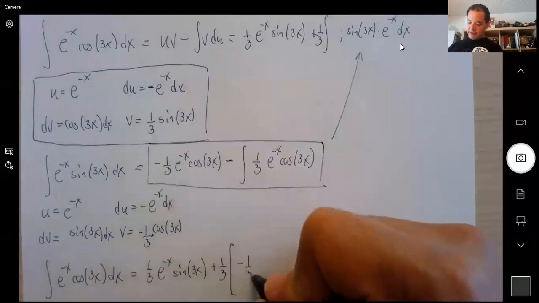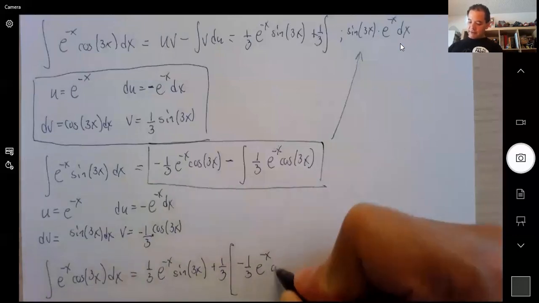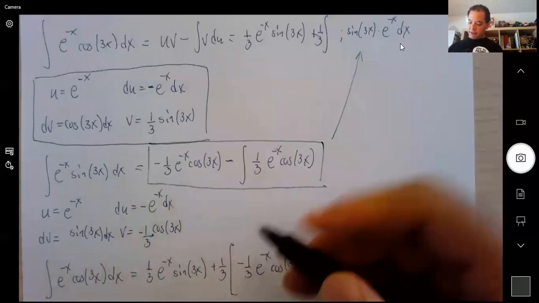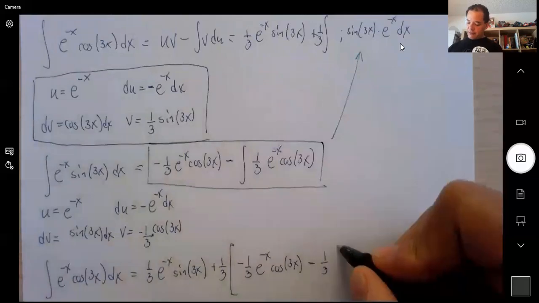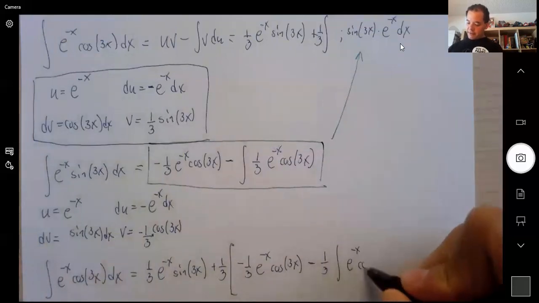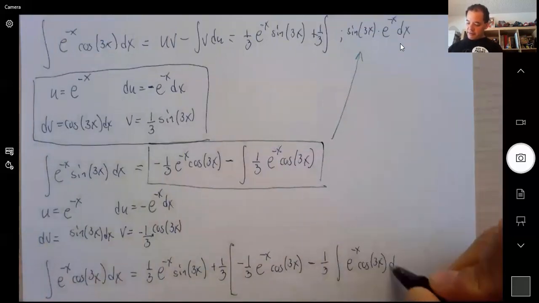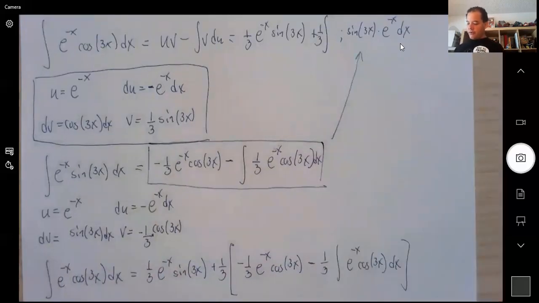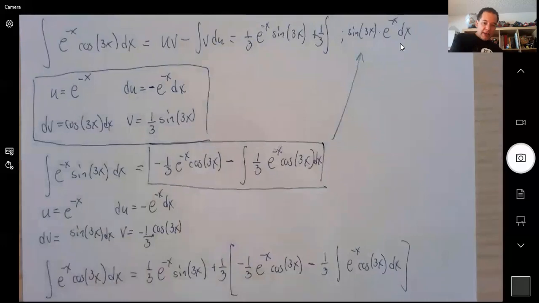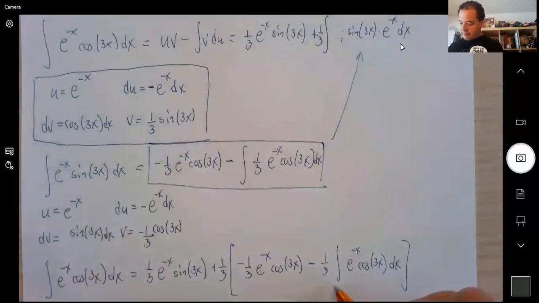It's negative 1/3 e to the negative x cosine 3x minus 1/3. I'm taking this 1/3 out. E to the negative x cosine 3x dx. I'm missing the dx here. Good. And now notice we already have everything we need. This is the expression we want, and it appears on both sides. So you just need to solve for it.